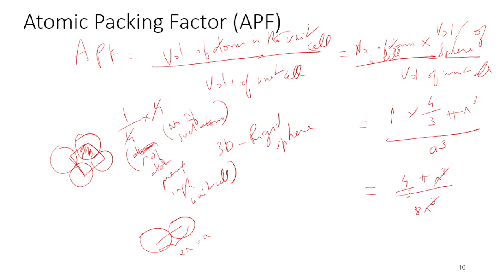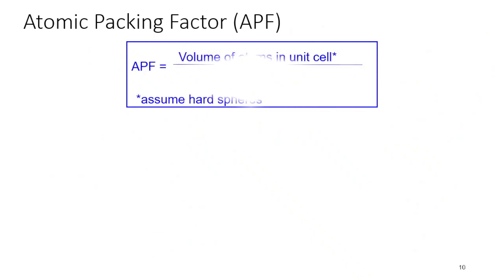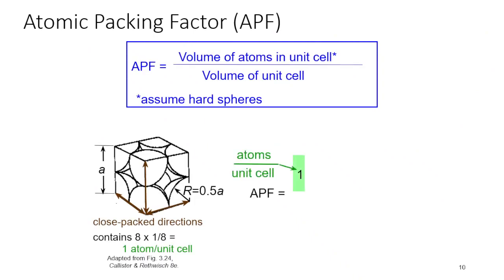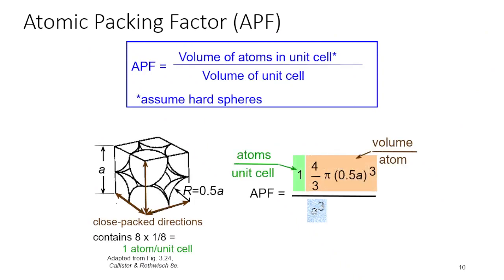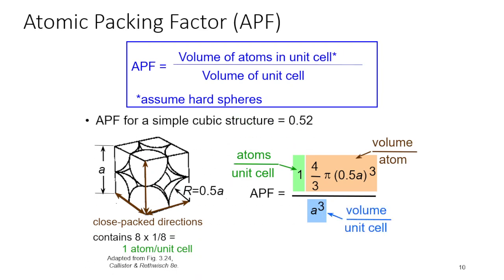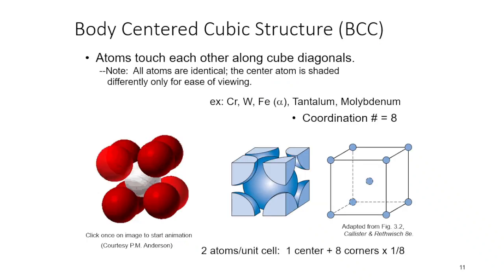The r cubed cancels out, and finally we get the answer as 0.52, right? That's what is written here. So the atomic packing factor of a simple cube is 0.52, which is the lowest of all cubic structures. Similarly, we can look at the body-centered cubic cell.